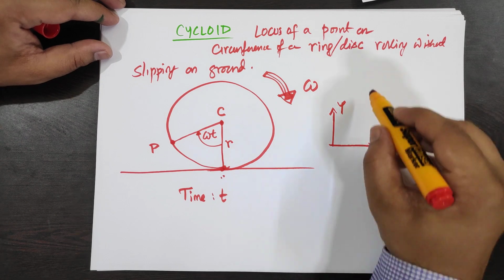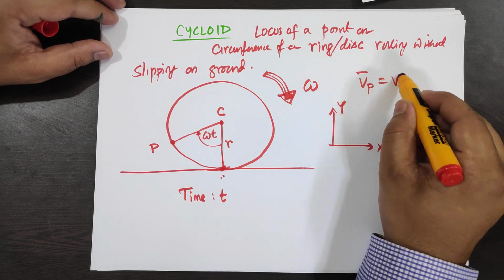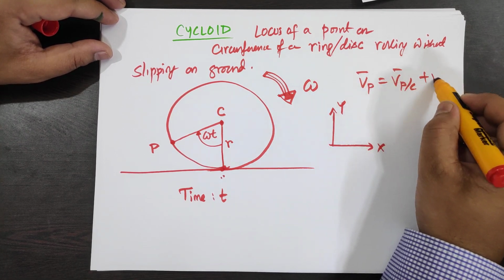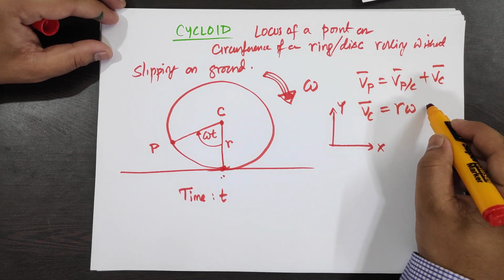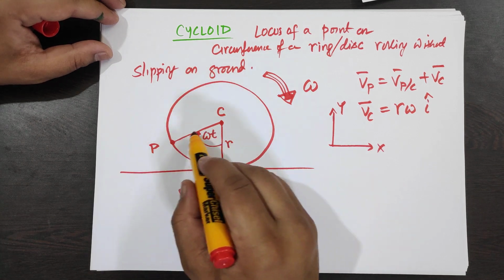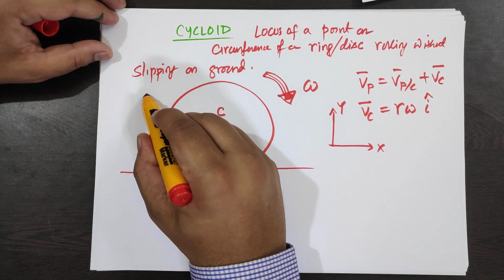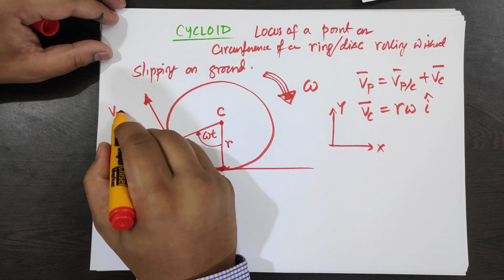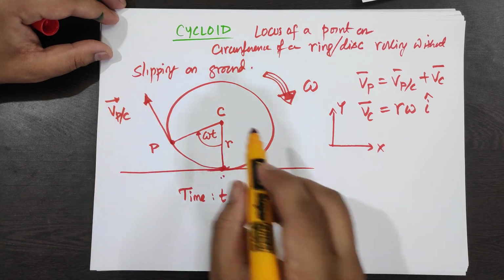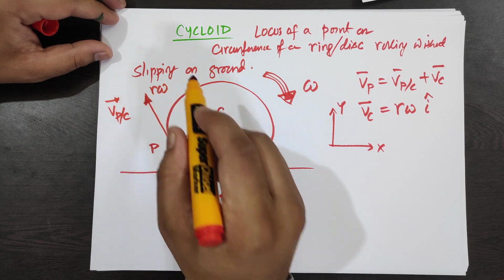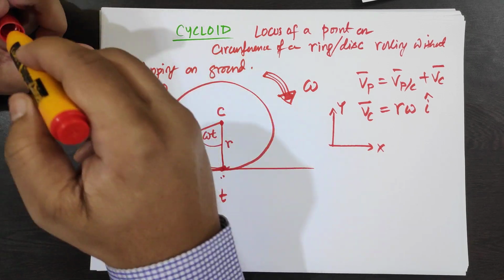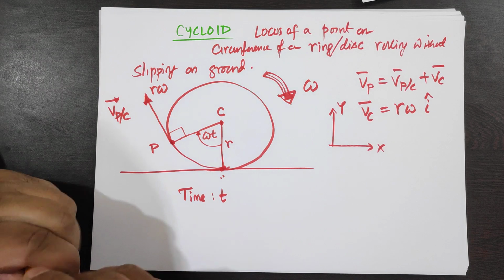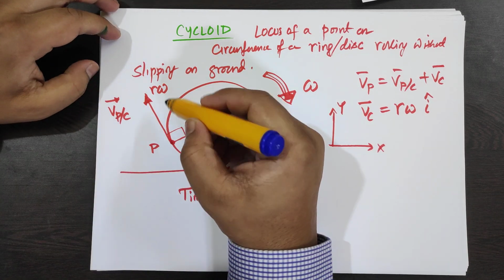So the velocity of point P is the velocity of P as seen from C plus the velocity of C, and the velocity of C is R omega multiplied by i cap, and the velocity of P with respect to C is R omega. Okay, this makes 90 degrees, and see how much will be this angle.